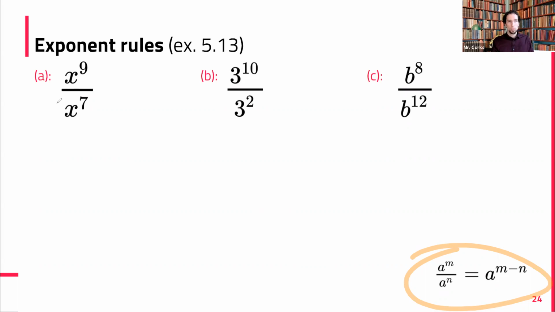Okay, first one, x to the exponent 9 over x to the exponent 7. X squared. So it's x to the exponent 9 minus 7. 9 minus 7 is 2, so x squared.